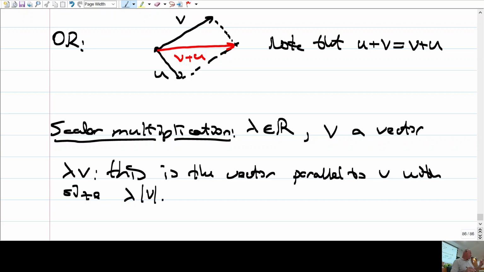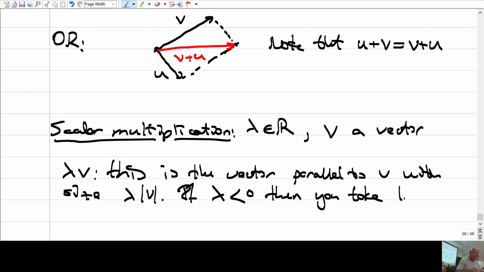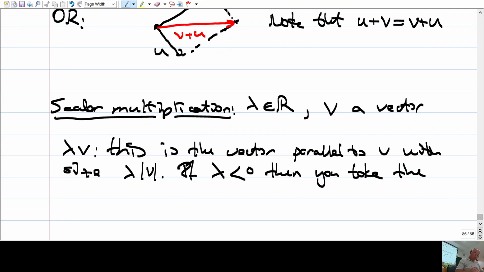If lambda is negative, then you take the vector in the opposite direction.